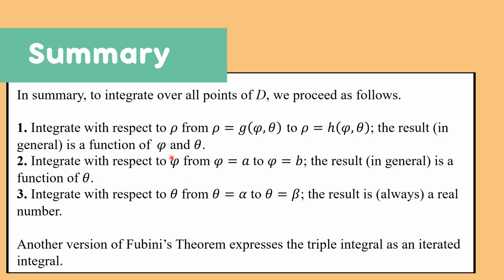If we integrate, we consider phi as the middle integral. Finally, we integrate with respect to theta because the function given is with respect to theta, and this is from theta equals alpha to theta equals beta.